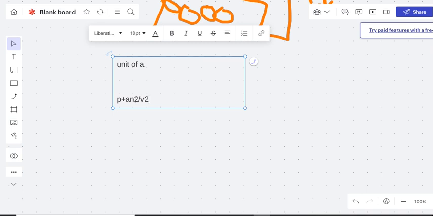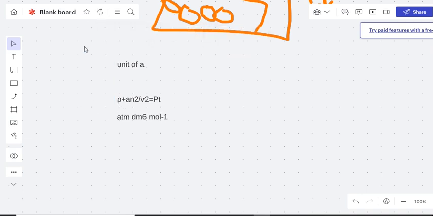This is the term that is given here. We know the pressure unit is atm, so the unit is atm dm power 6 mole minus 2. So this is basically the unit of a.